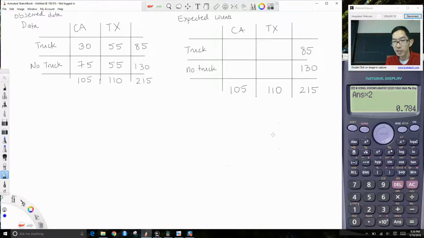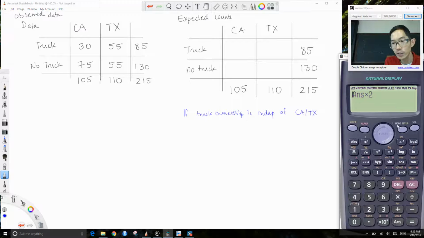And then we're going to say, if the state that you're from and truck ownership is independent, if truck ownership is independent of being from California or Texas, what would we expect? Overall, if I looked at this, I would see 85 divided by 215.